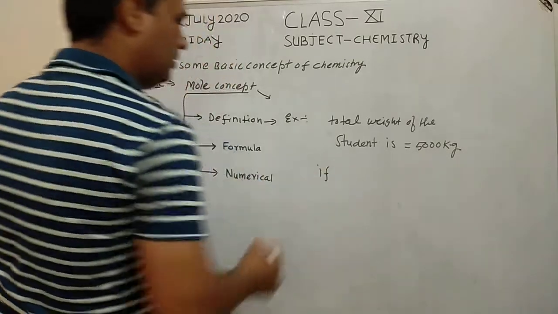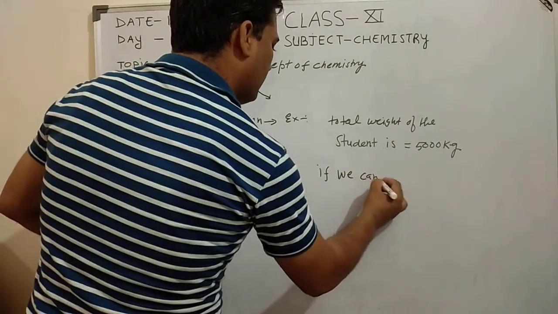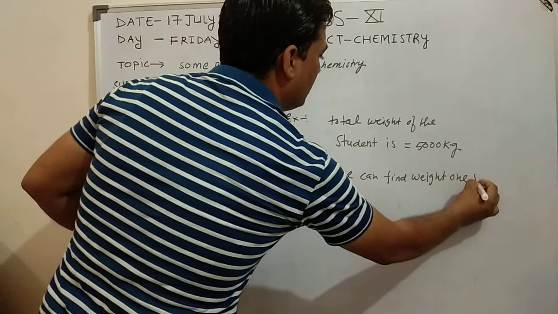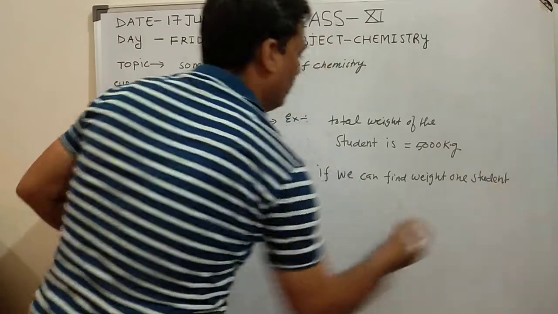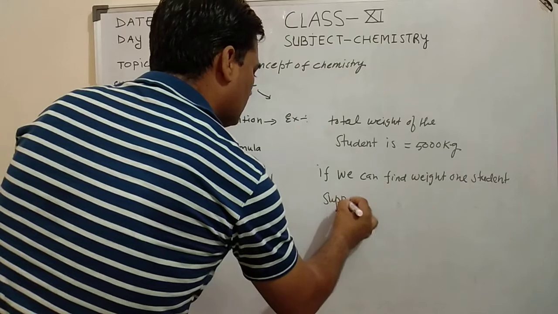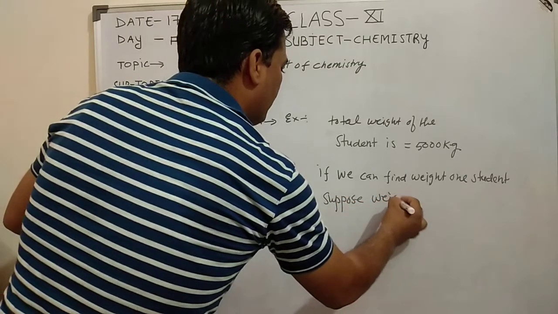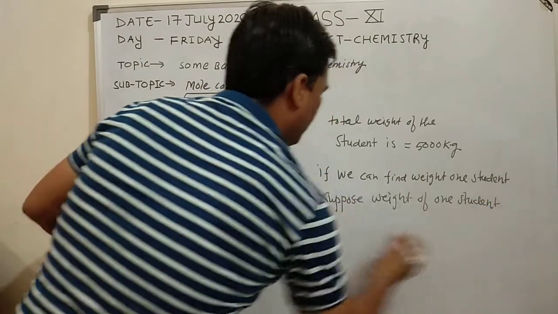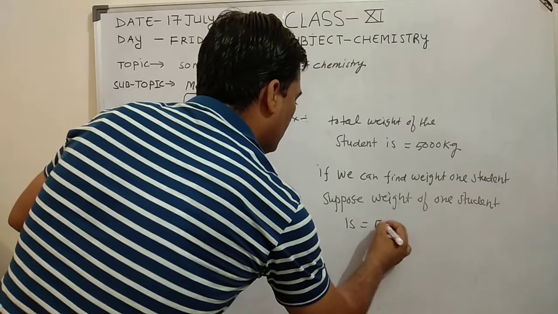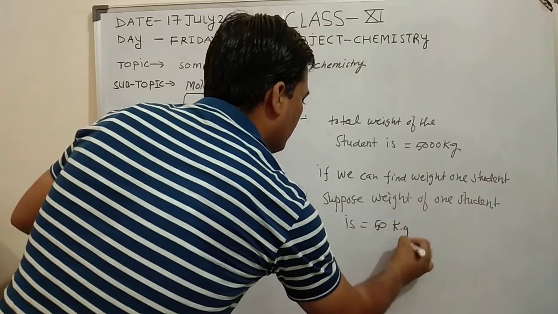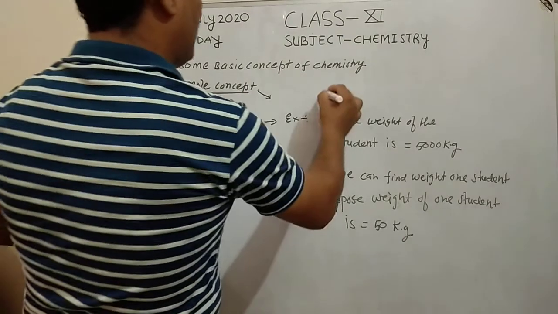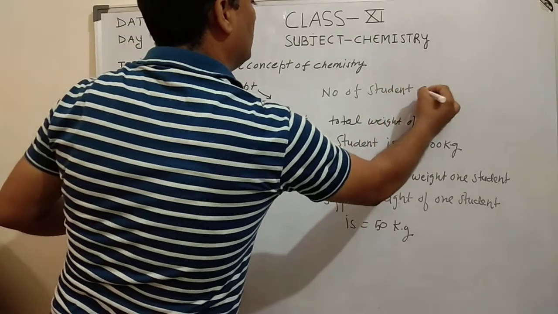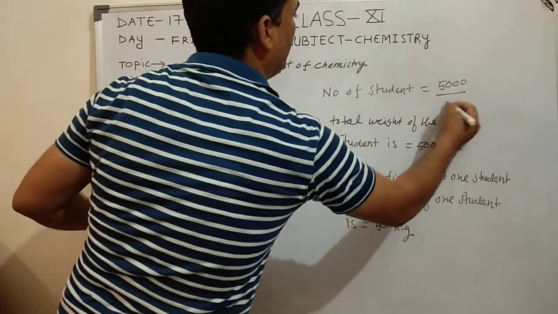If we find the weight of one student, suppose weight of one student is equal to 50 kilogram, then number of students is equal to 5000 divided by 50.